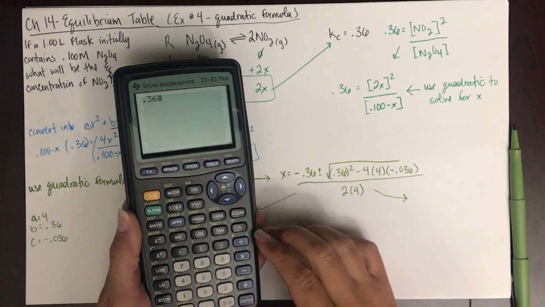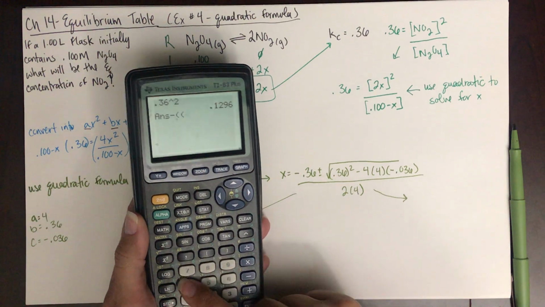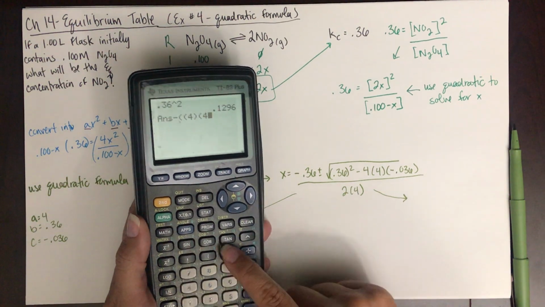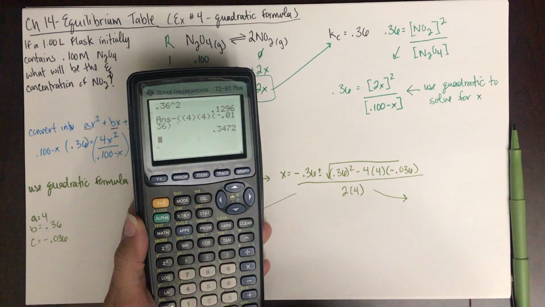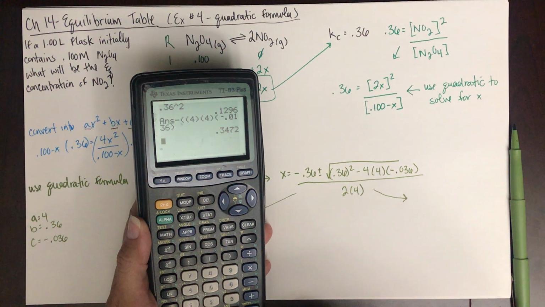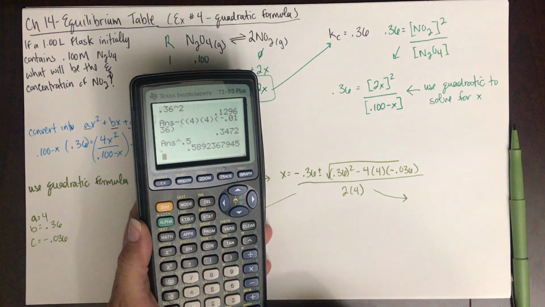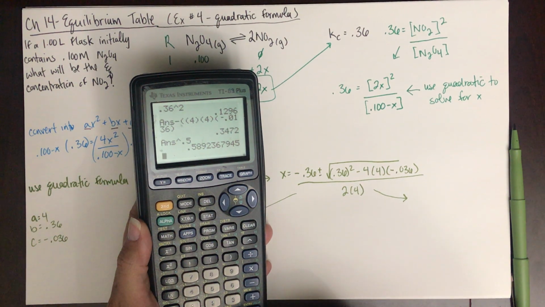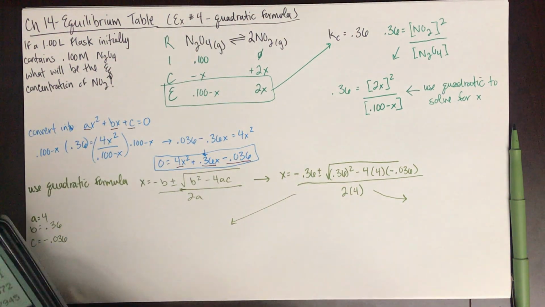So 0.36 squared minus 4 times 4 times negative 0.036, I'm going to take the square root of that. Okay, so now I'm going to say negative 0.36 plus or minus this.